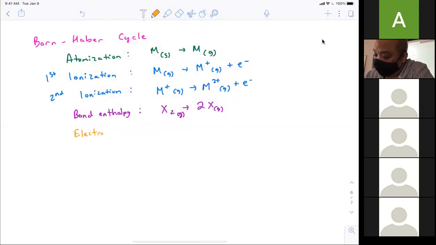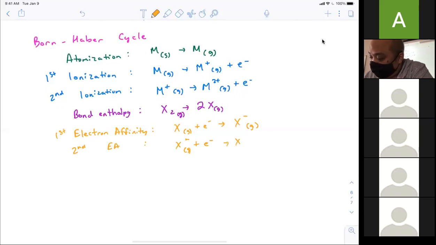Electron affinity, also from topic 3, is where you gain an electron to form a negative ion. That's first electron affinity, and second electron affinity, if needed, would be this.